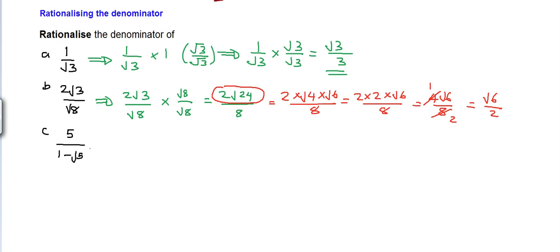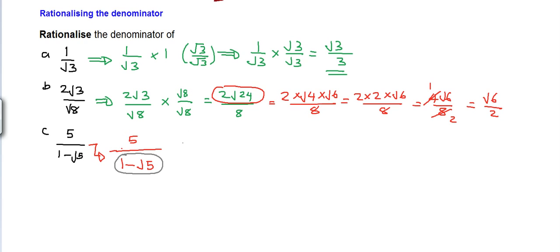Okay, it gets a little bit more complex trying to do this one here, part C. So this is 5 over 1 minus root 5. So how do we rationalize a problem like this? We need to multiply by 1, but the trick is we're not going to multiply by 1 minus root 5.